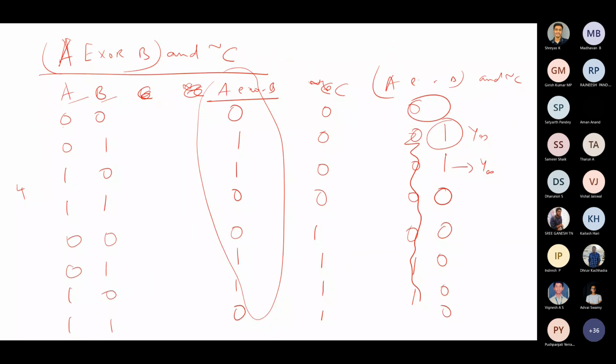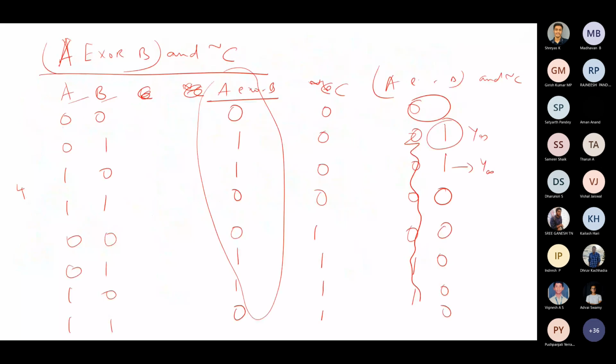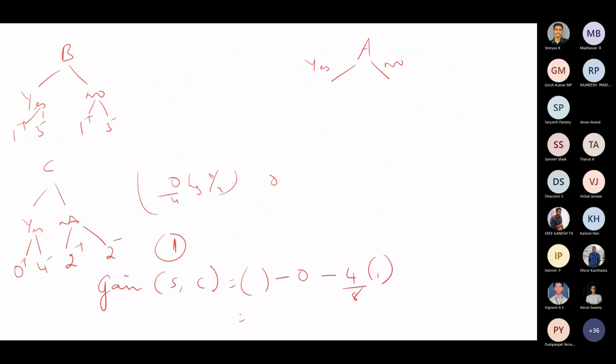So you can choose any A or B as your root. A will be there. This is yes and this is no. So it has got 4 yes and 4 no. So 1 plus and 3 minus. This is 1 plus and 3 minus.